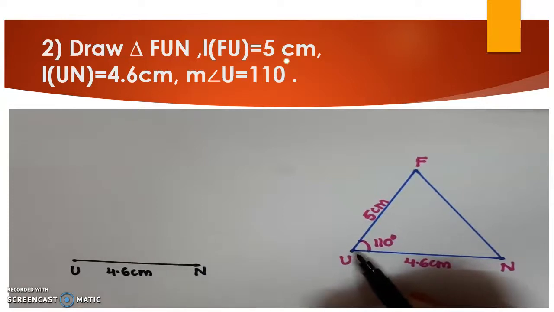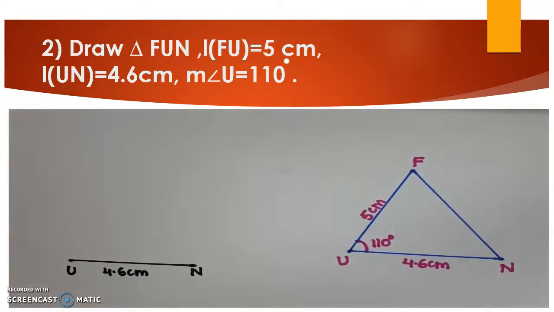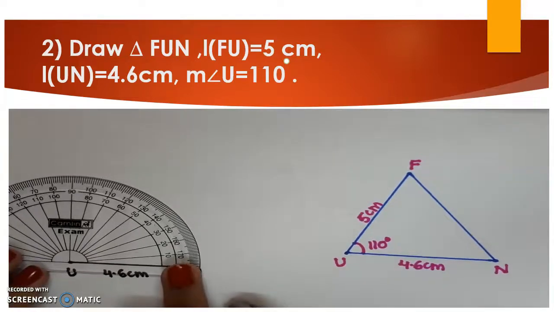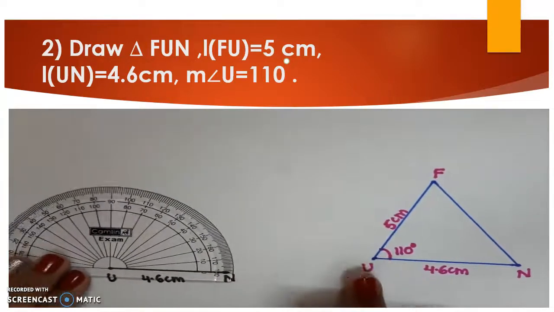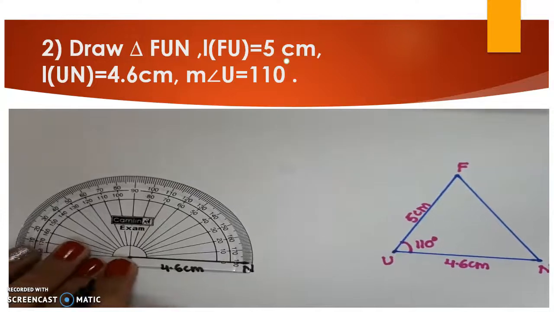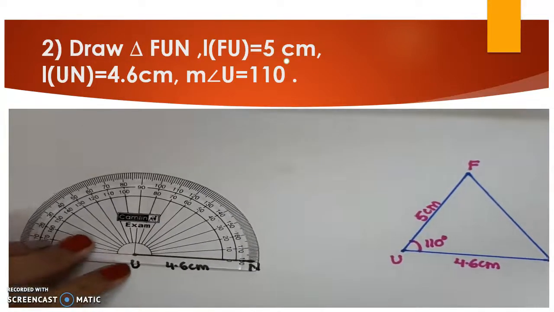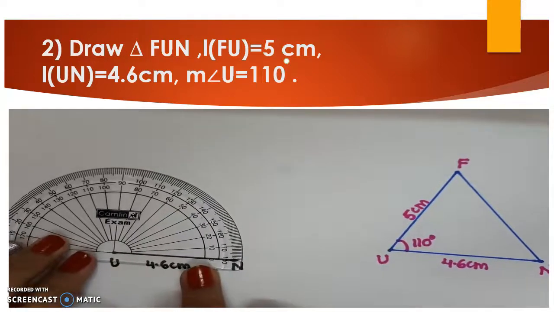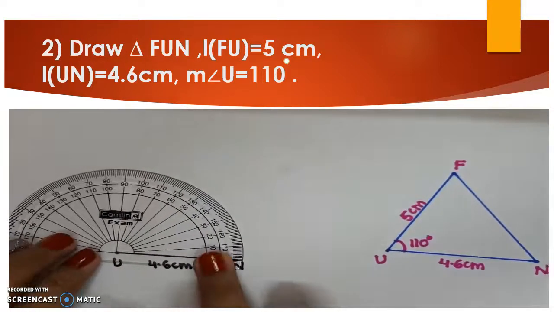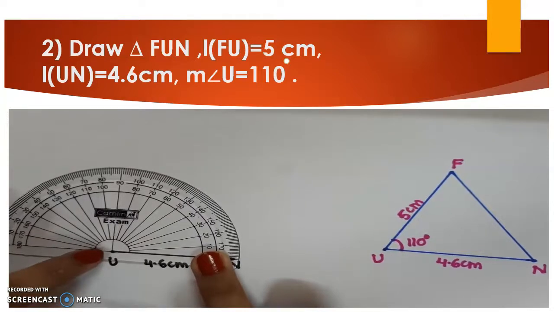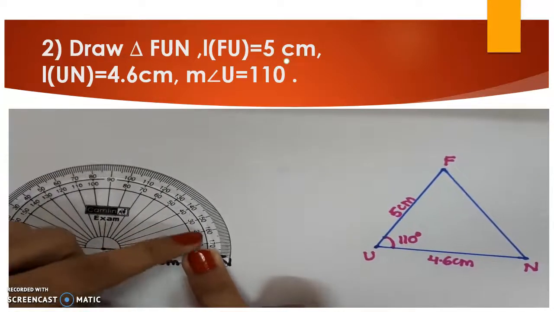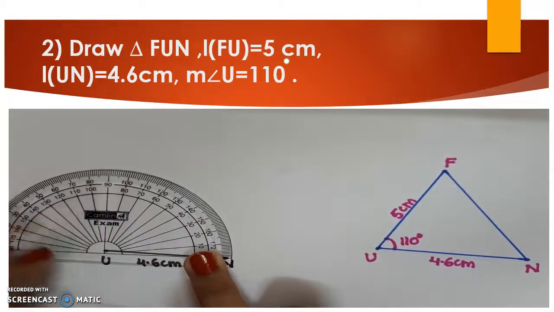After that we will draw angle U. Now for constructing angle U, we will use protractor. We will adjust the protractor accordingly. This point should be exactly on point U and our black line should be on segment UN. Now as I explained earlier, in this case also my vertex U is on left hand side, so I will see the numbers which are shown down.